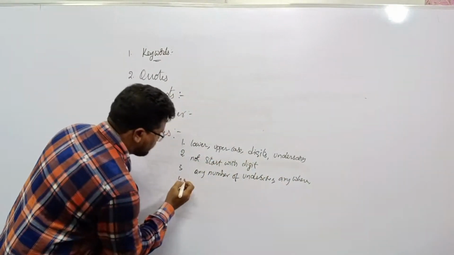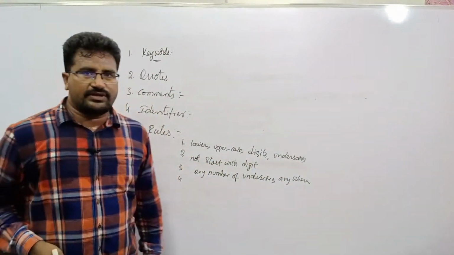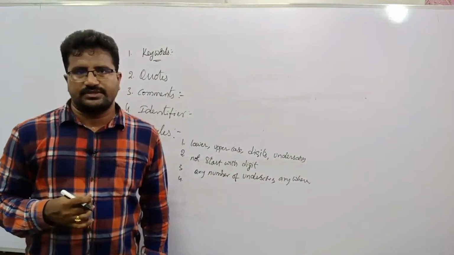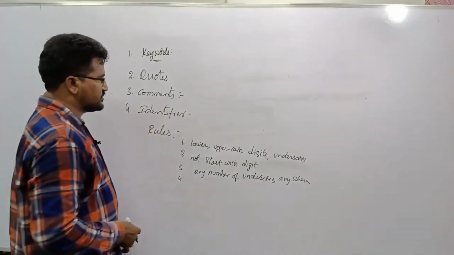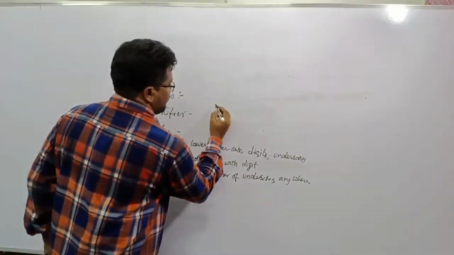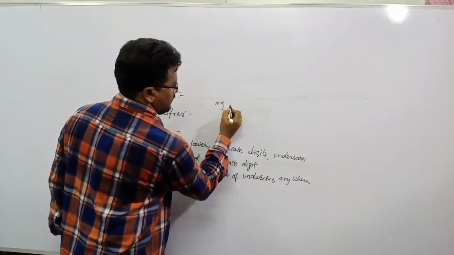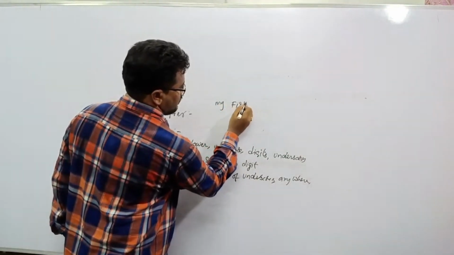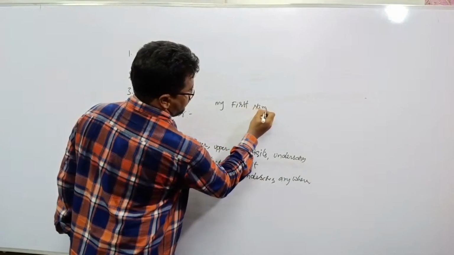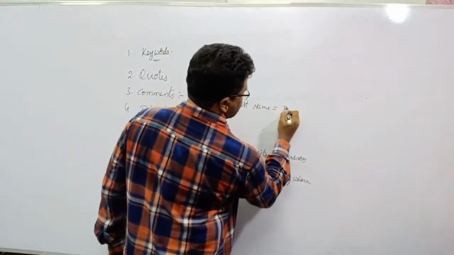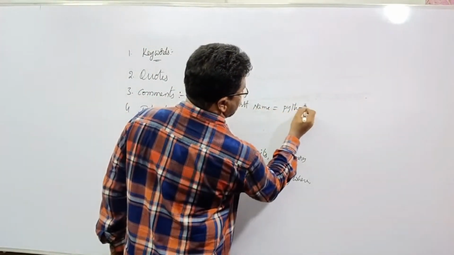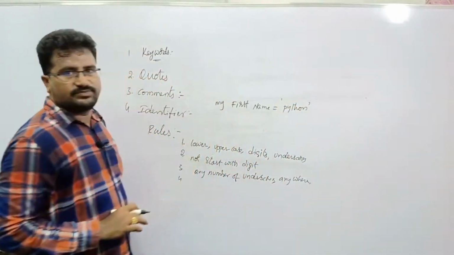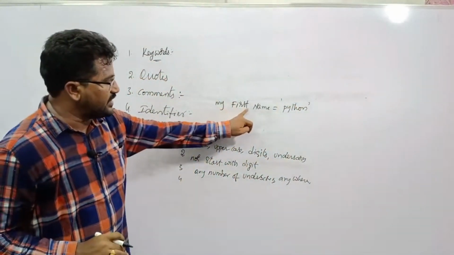Next, the fourth one is the identifier should not contain a space. Space should not be there. Suppose I'm taking a variable name, for example, my first name equal to Python. I am giving it like this. It is not possible. The space is not possible.